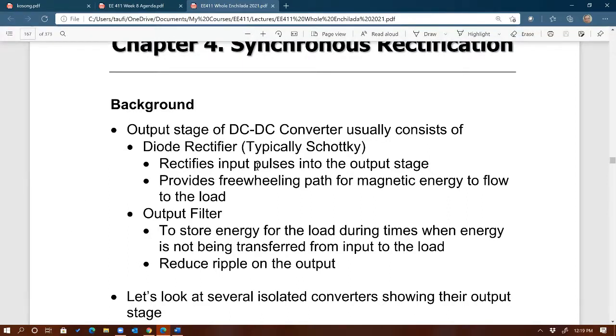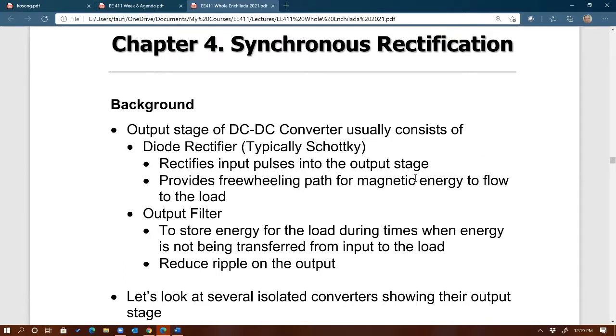The diode rectifier rectifies input pulses into the output voltage. Before the diode, the voltage is an AC square wave, and after the diode it becomes a DC square wave, just one polarity instead of fluctuating between plus and minus.